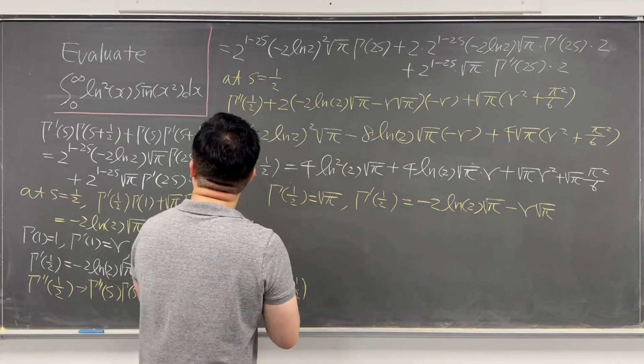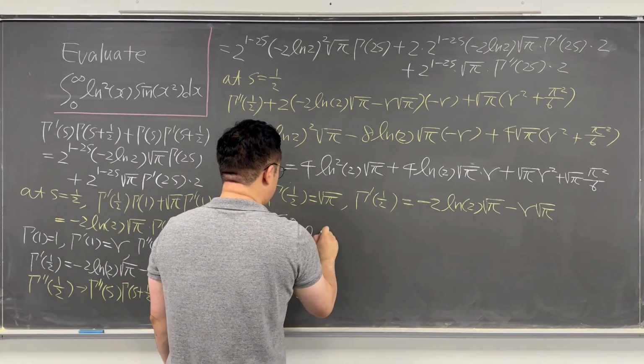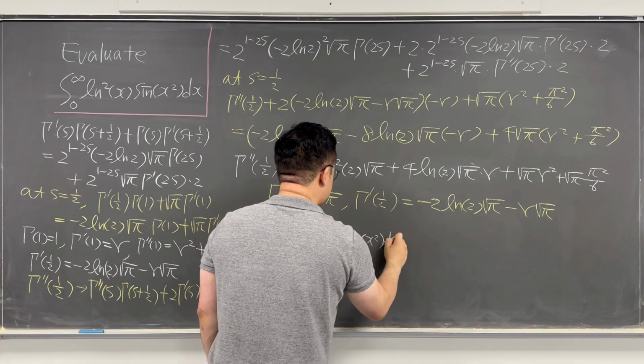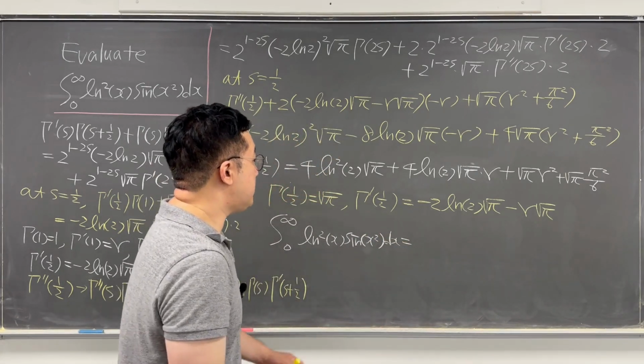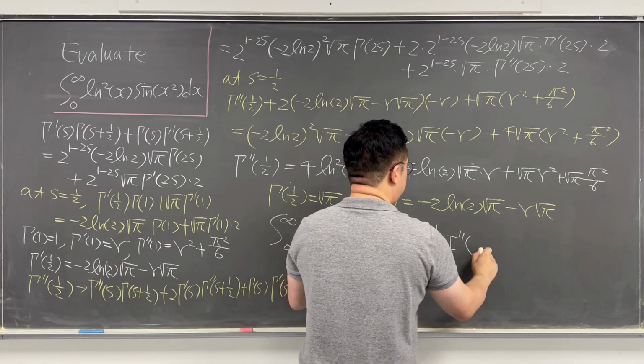So the integral that we are looking for, from 0 to infinity, ln squared x times sine x squared dx, is going to be the same as 1 over 8 times I double prime of 1 over 2.